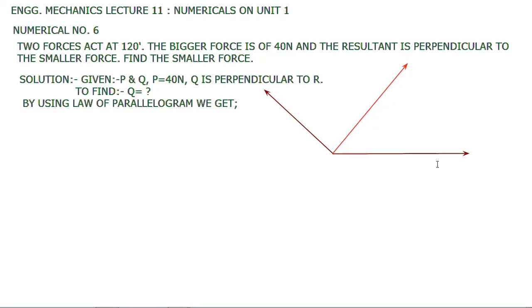This one is P, P equal to 40 Newton. This one is Q, which you have to find, and the next one is the resultant. The angle between Q and R is 90 degrees, so you have to show that here.